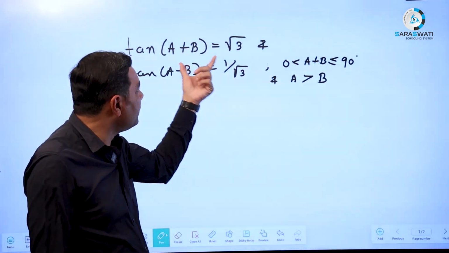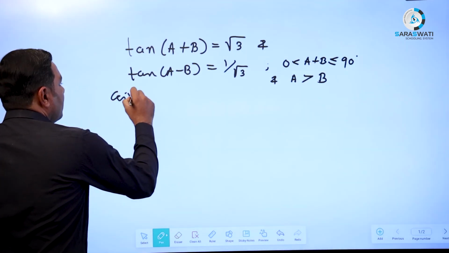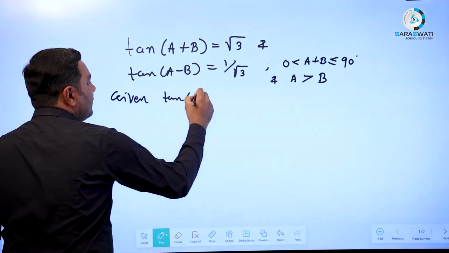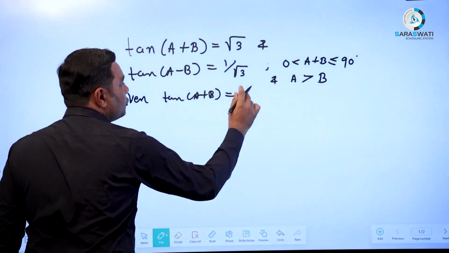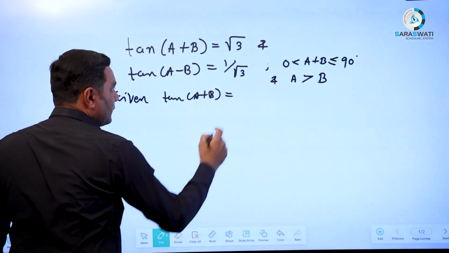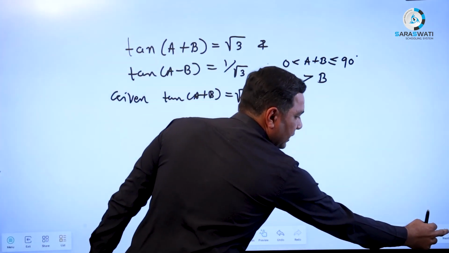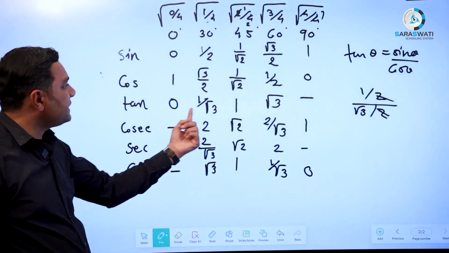If you observe the left hand side, I'll start in this way. Given: tan(A plus B) is root 3. And if you refer to the table, where does root 3 come in our table?